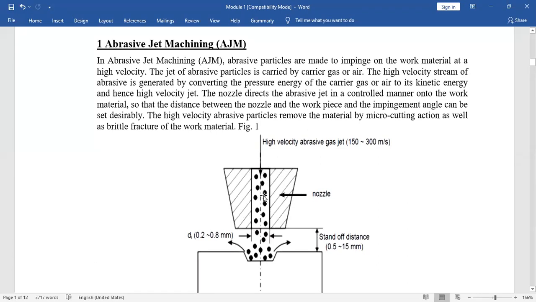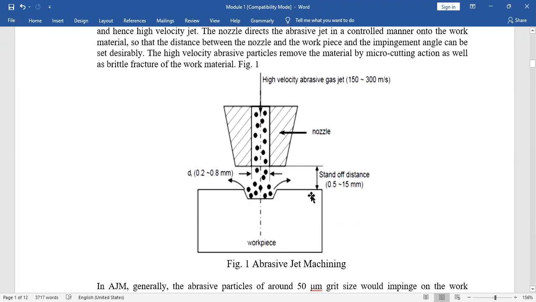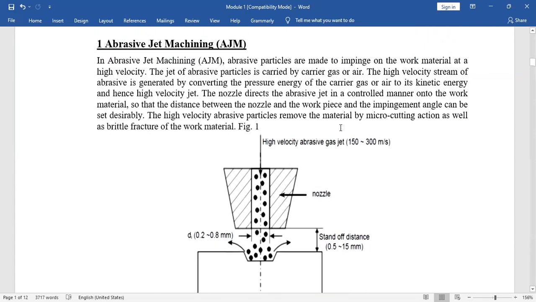These abrasive particles are made to impinge on the work material. As you can see in this figure, this is your work material and this is the nozzle, and from the nozzle a very high velocity abrasive particle jet comes out. Now how is this very high velocity obtained? The abrasive particle is mixed with the compressed air. As we know, in compressed air the kinetic energy is very high.